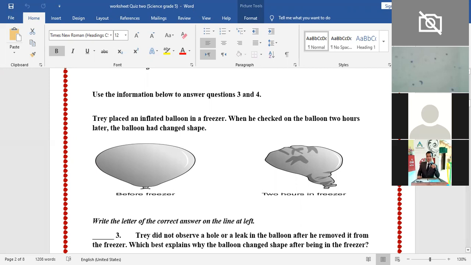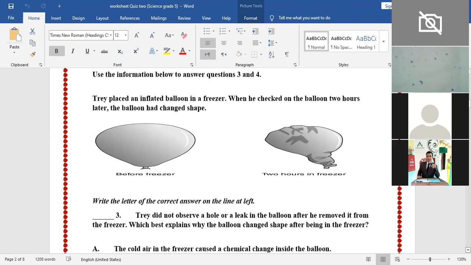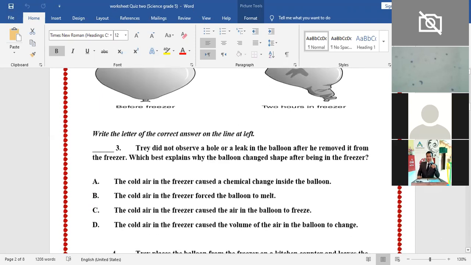Before freezing, the inflated balloon is large in size. After 2 hours in the freezer, the size of the balloon shrinks. Yes. Complete number 3, D.